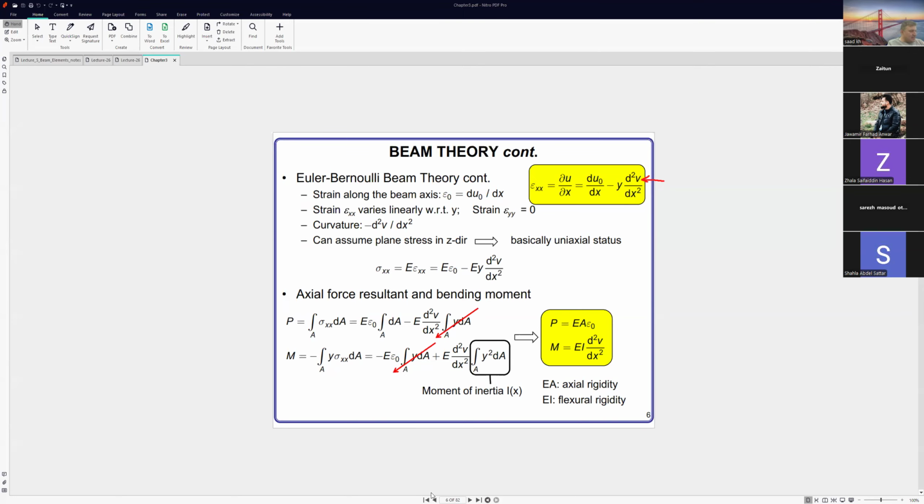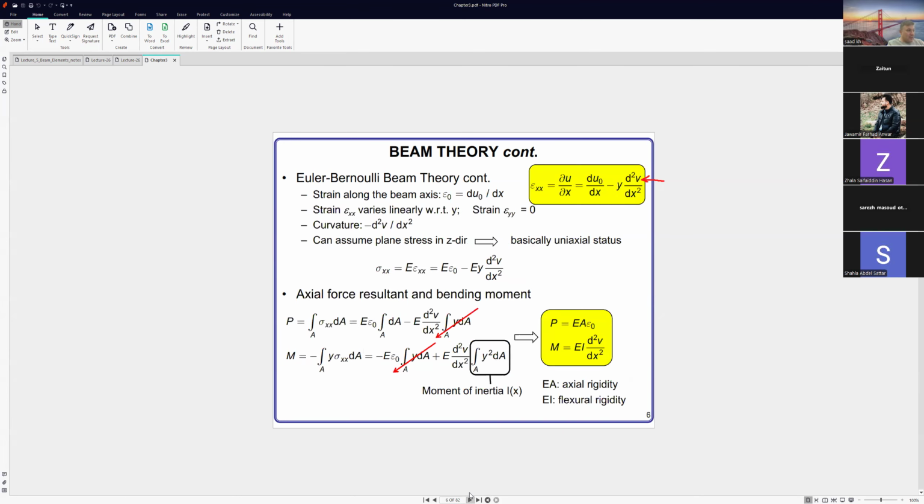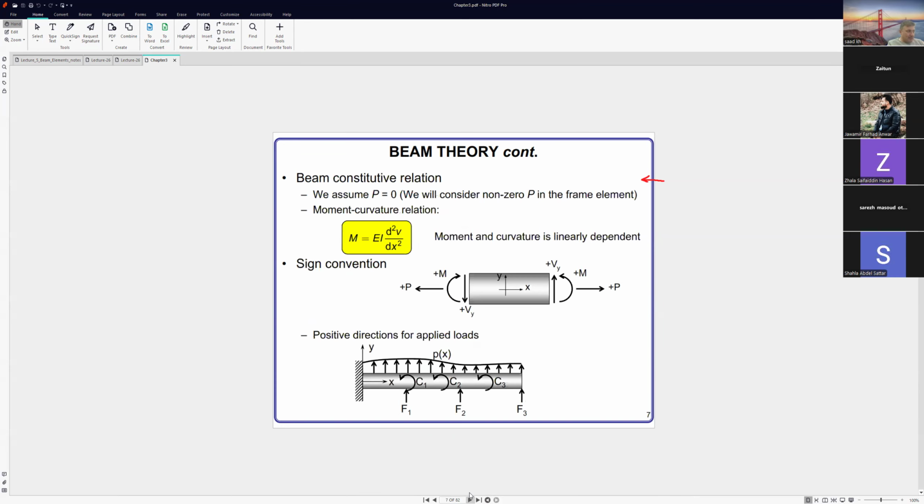This is the displacement. This v is v of x. It is not shear here actually, but it is the deflection. The deflection curve is a function of x only. This is the transverse deflection. It is not shear. The capital V is shear, small v is displacement, okay? You should note this carefully, okay?